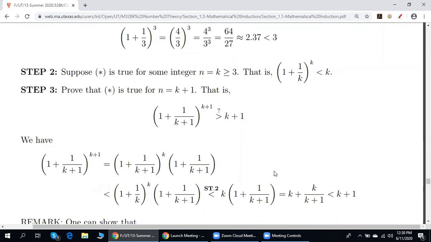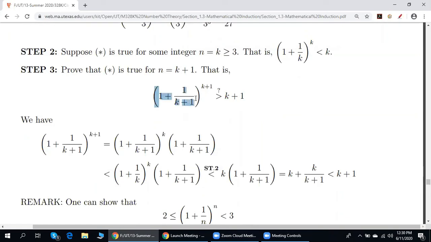Here is why. Let us start from the left-hand side. It's over here. It's easy to see that this is equal to 1 plus 1 over k plus 1 to the k's power times 1 plus 1 over k plus 1. Next, since k plus 1 is greater than k, 1 over k plus 1 is less than 1 over k.